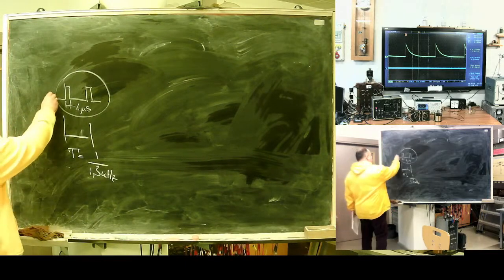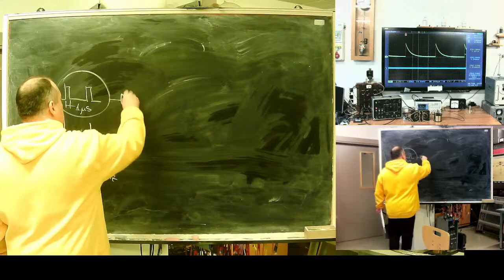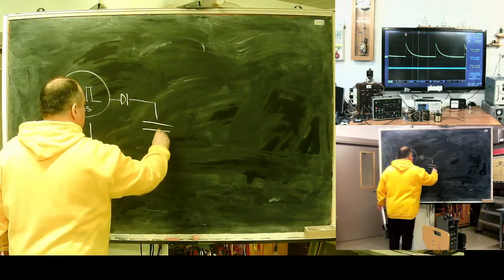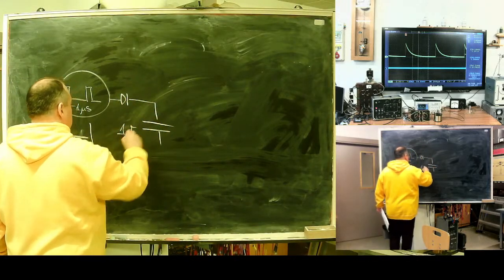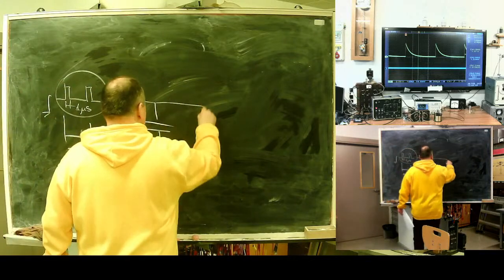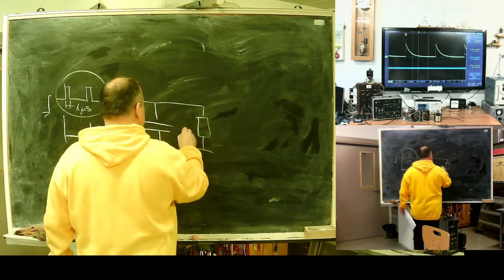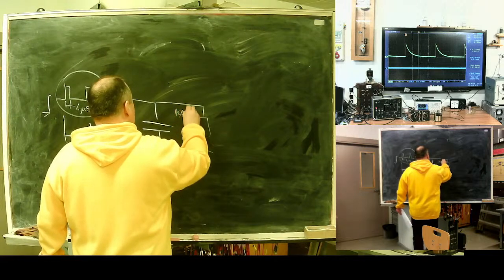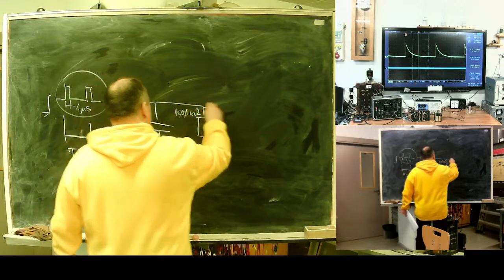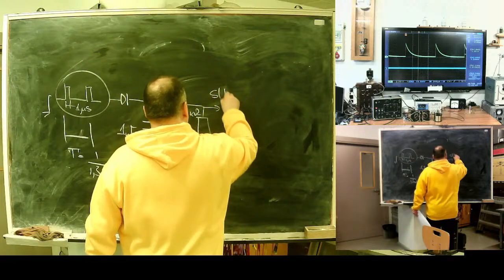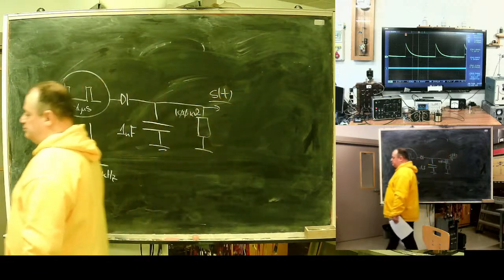Generator producing pulse. Capacitor of 1 nanofarad and a resistance 100,000 ohms. And here is my yellow signal.